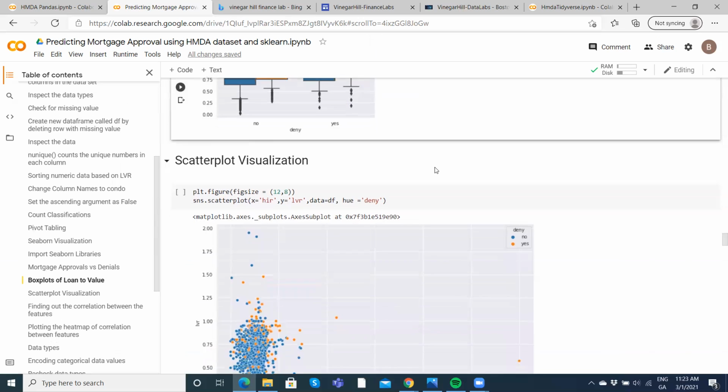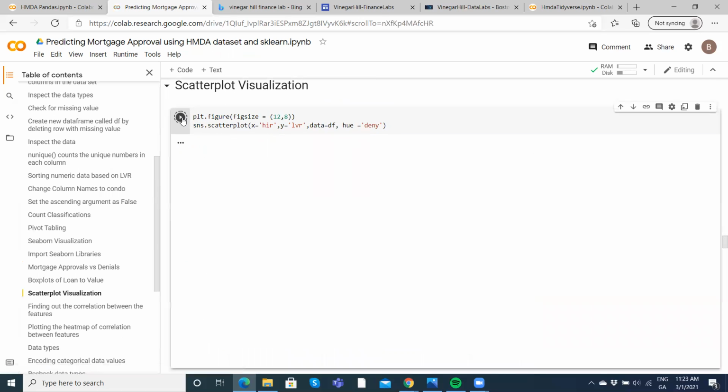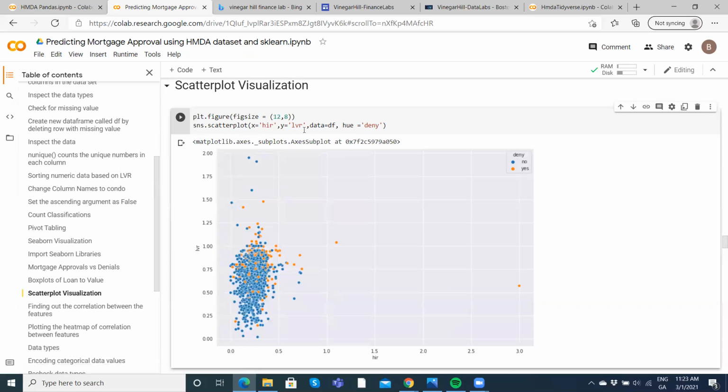Just to mention it, now just to eyeball a little bit of our data, we could look at, first of all, whether individuals are denied or not. So if you're denied, you were refused your mortgage. If you were not denied, you were approved.